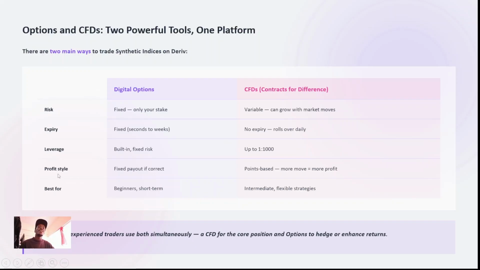And as you can now see in the profit style, in the digital options, we have a fixed payout if correct, and on the CFDs it's point based. The more the market moves, the more profit you make.